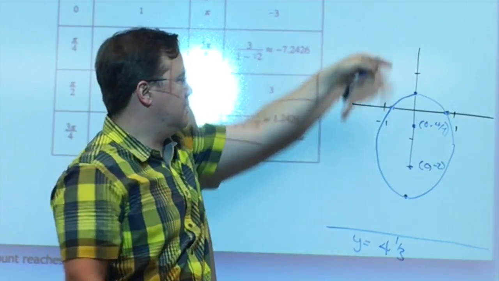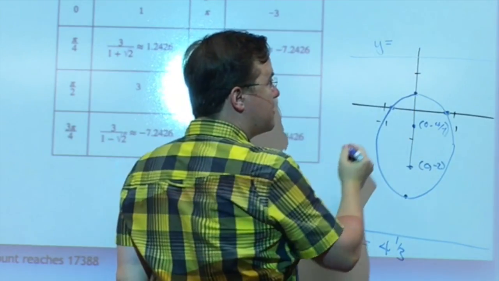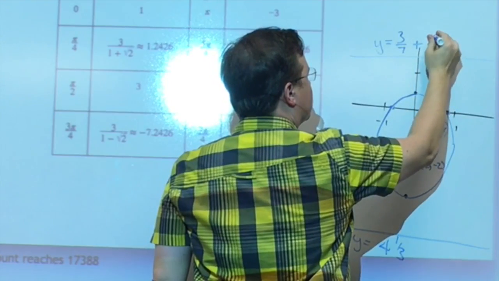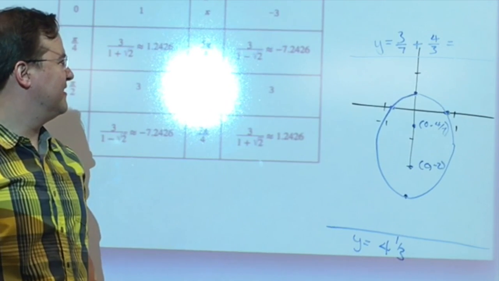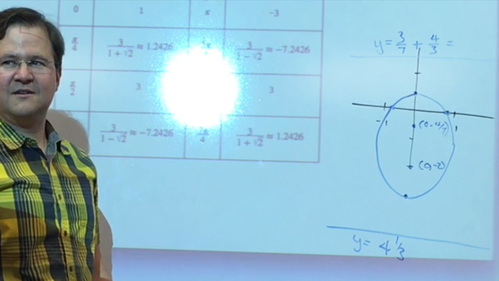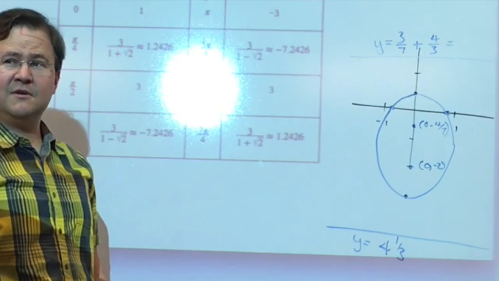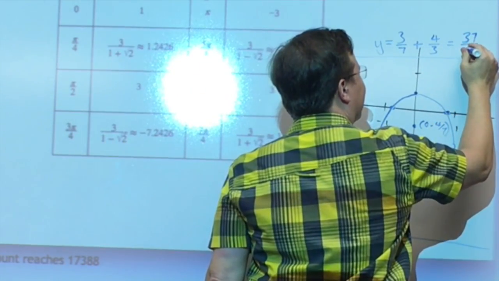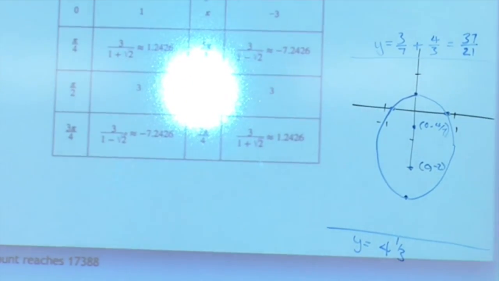And then up here at y equaling whatever, 3/7 plus 4/3 is 21 on the bottom, that's 9 and 28, 37.